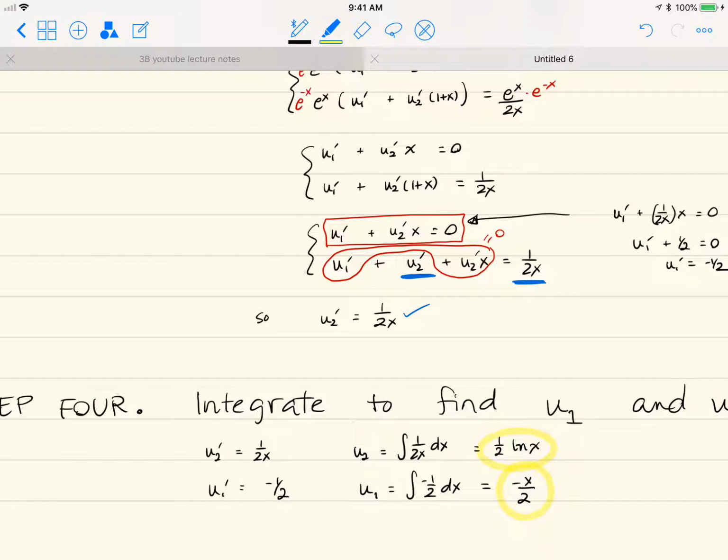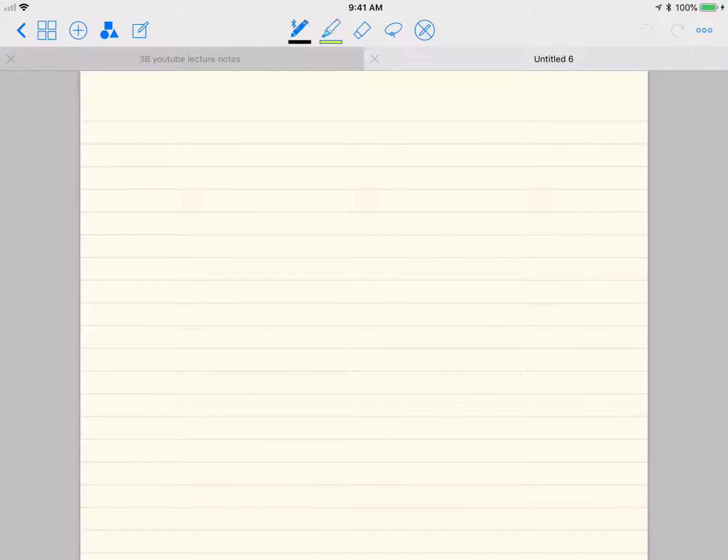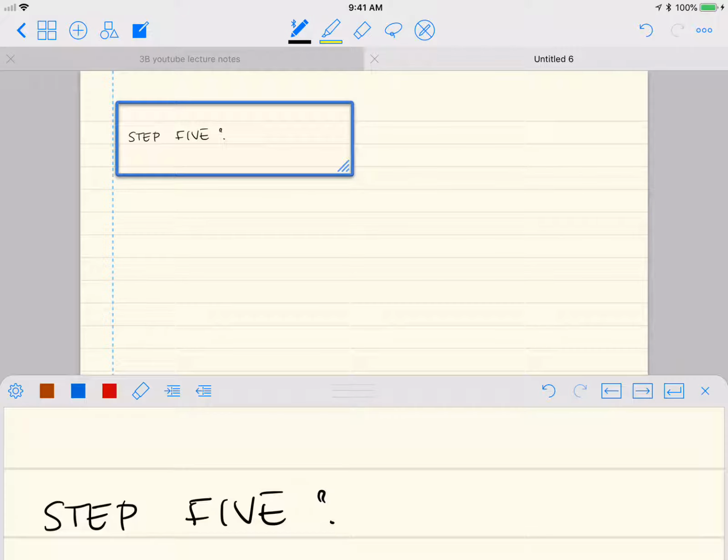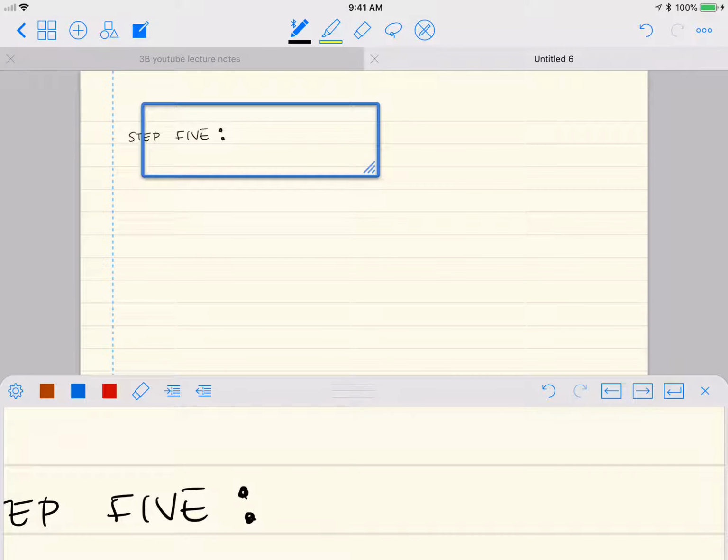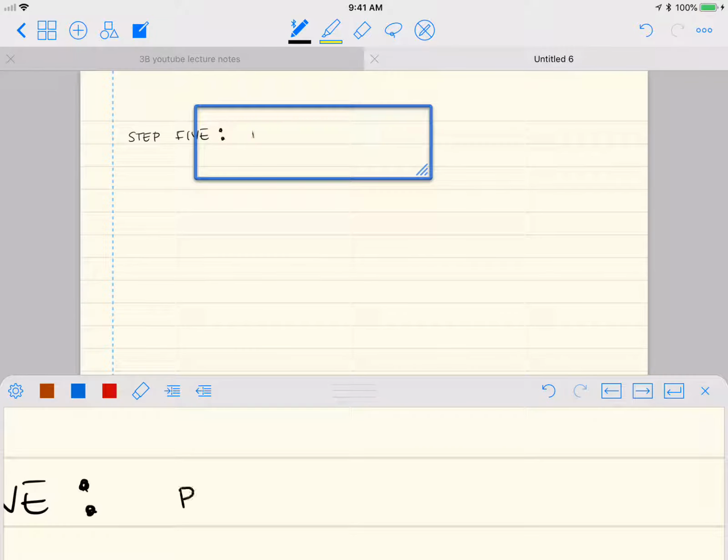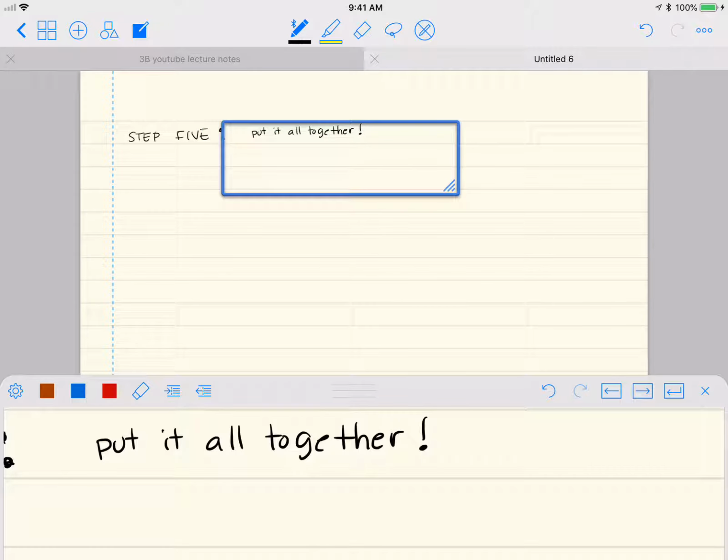And now step 5 is the fun part. So for step 5, we combine it all. Let's put it all together. And what is the it? Well, now remember, y is supposed to be equal to yp plus yh.